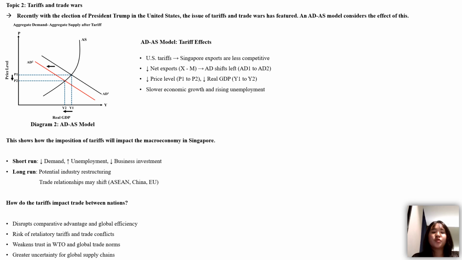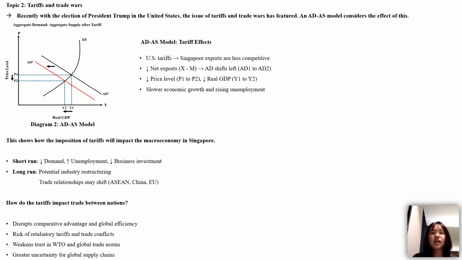Okay, for topic 2, I'm using the aggregate demand, aggregate supply model to examine how US tariffs on Singaporean exports affect our macroeconomy. When the US imposes tariffs on Singapore exports, our goods become more expensive and less competitive in the US market.